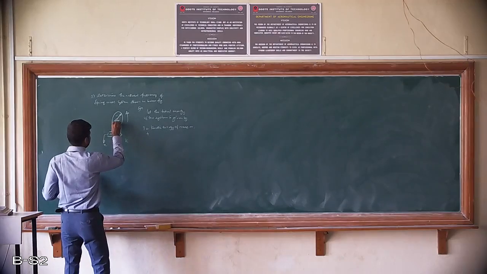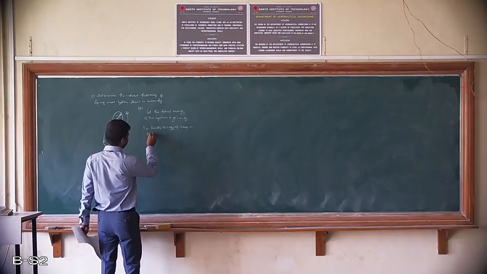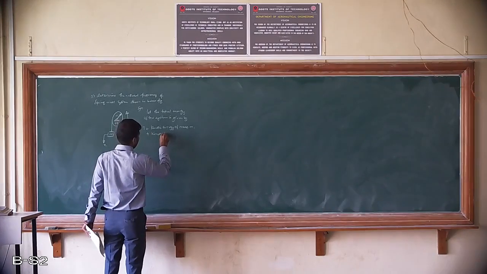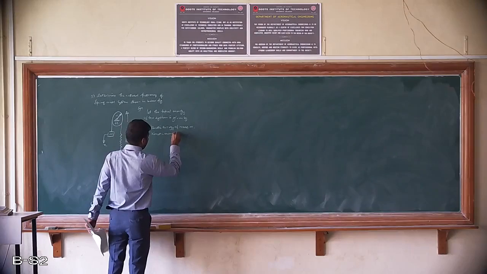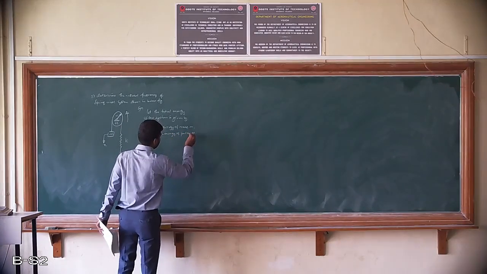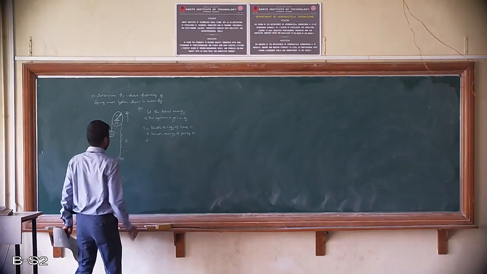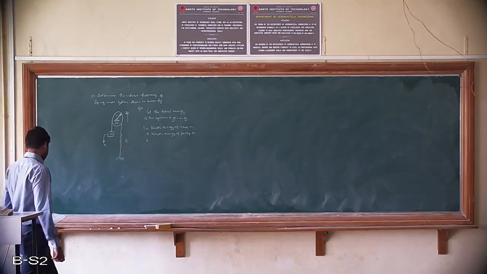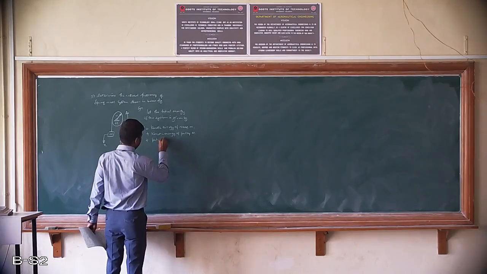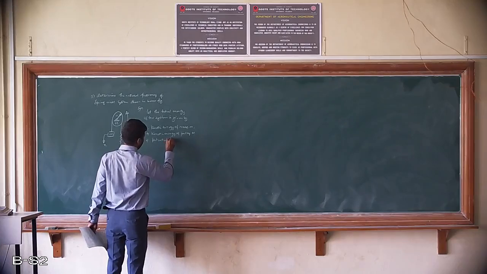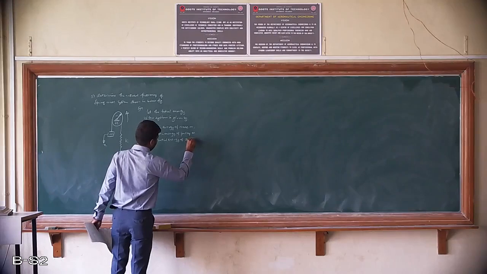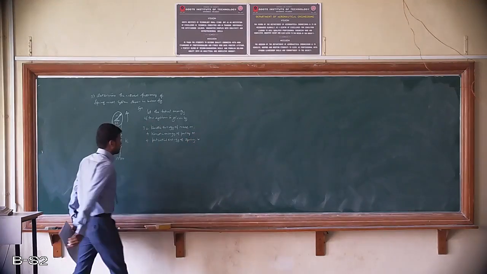Here is the pulley, which is represented by capital M, plus the potential energy of the spring, which is given by k.